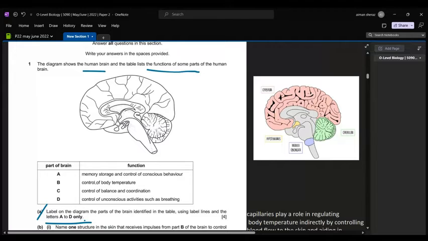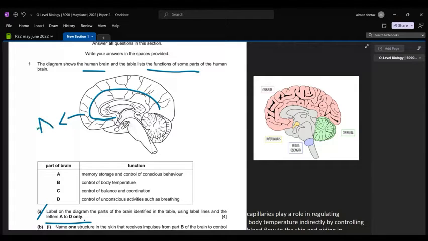So, part A, memory storage and control of conscious behavior. That is done by the cerebrum and it is the largest part of your brain, this whole thing. So, we would label it as A. Part B, control of body temperature. That is done by hypothalamus. So, that is present here, this thing. Part C, control of balance and coordination.